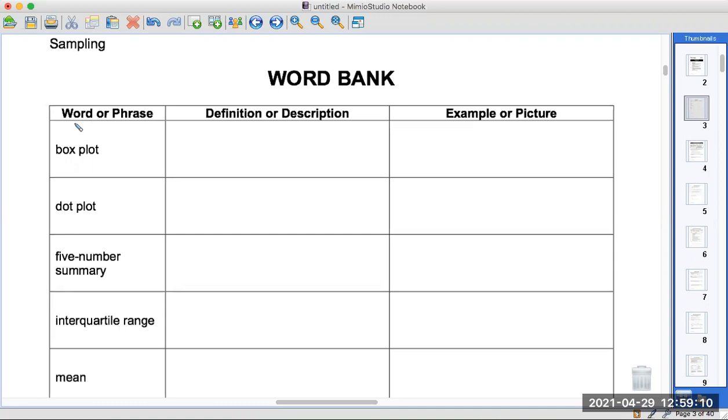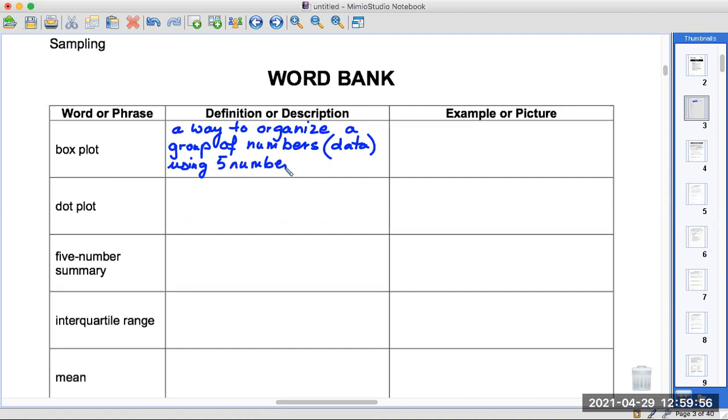A box plot is a way to organize a group of numbers, which is data, using what's called a 5-number summary. Okay, and I'll show you how to find those 5 numbers.